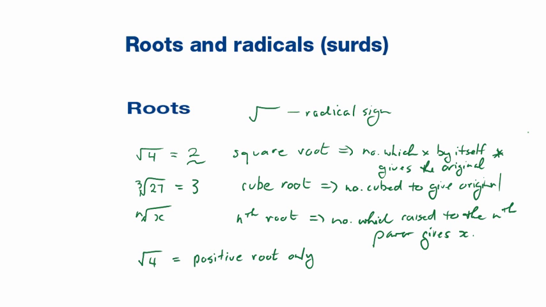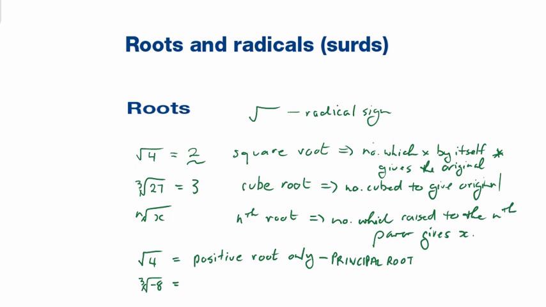But with the radical sign we mean the positive root only, called the principal root of the number. Obviously, you can find things like the cube root of -8.